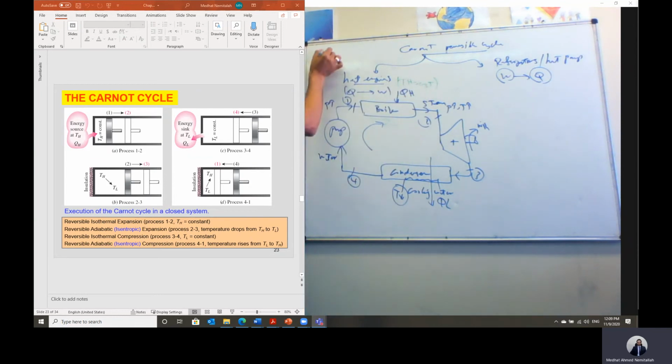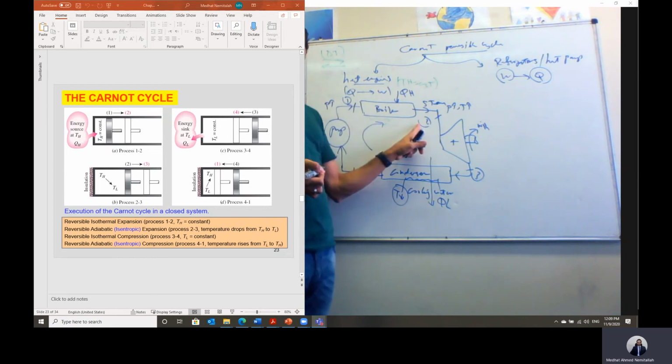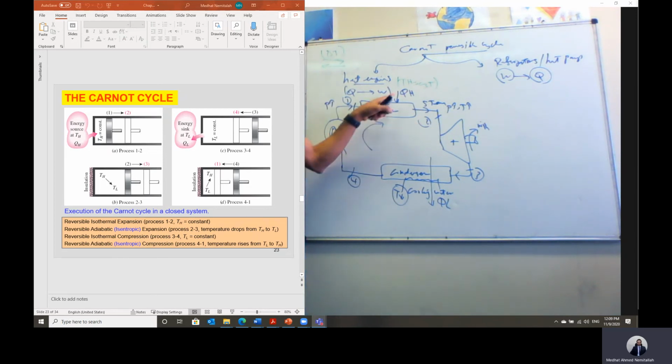Because whenever we have a temperature difference, the heat will be transferred from the high temperature to the low temperature. But we cannot reverse this process because heat cannot be transferred from low temperature to high temperature. So the only way to have this process from 1 to 2 reversible is that the heat be added under constant temperature. T high equal to constant in this case.